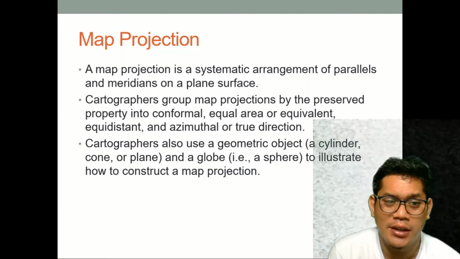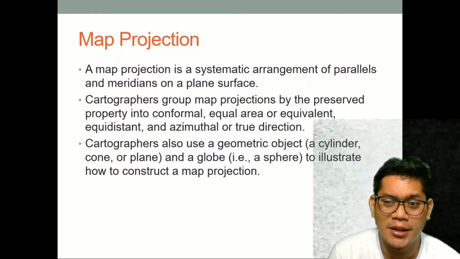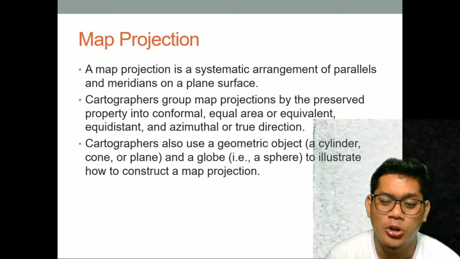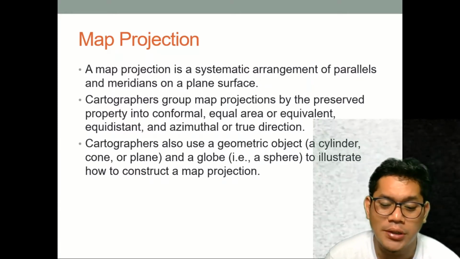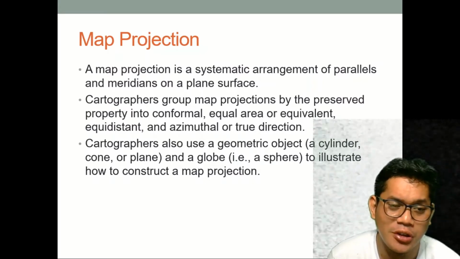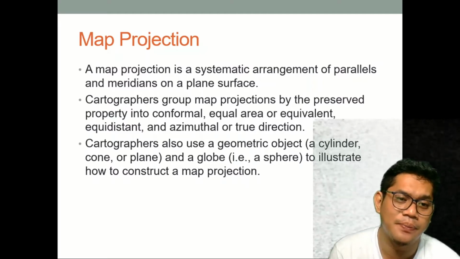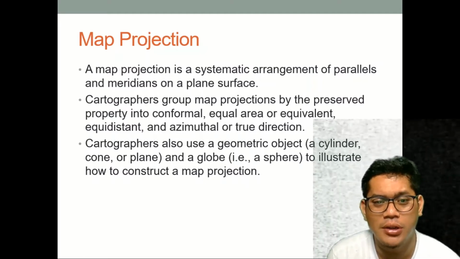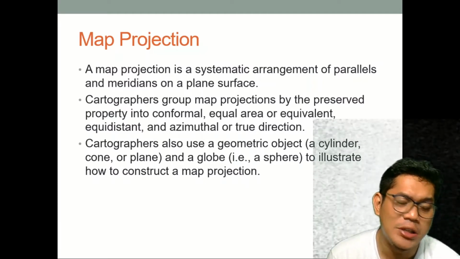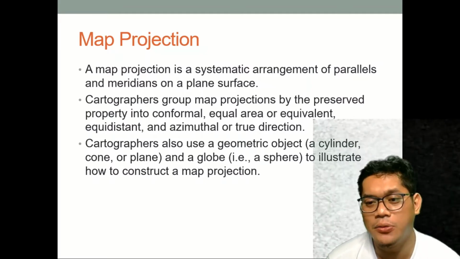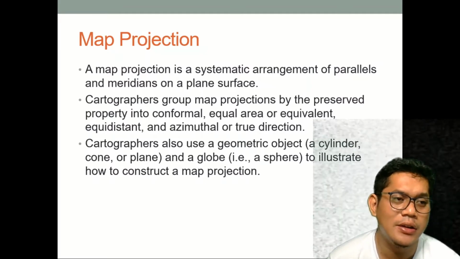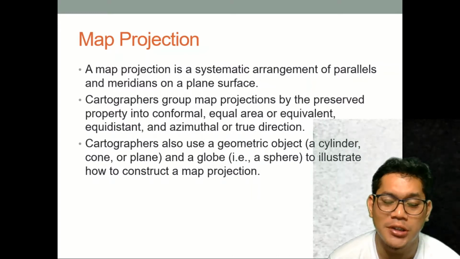A map projection is a systematic arrangement of parallels and meridians to convert from the spheroid or ellipsoid space into a flat surface. Why do we do that? Because we're trying to simplify the map into a simple representation that users can use.